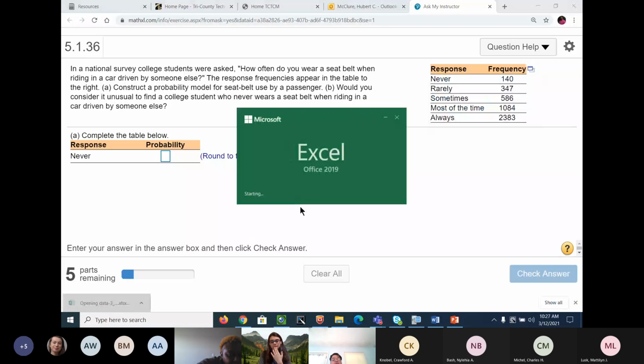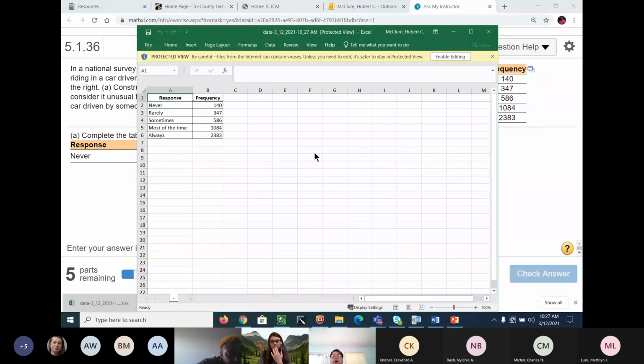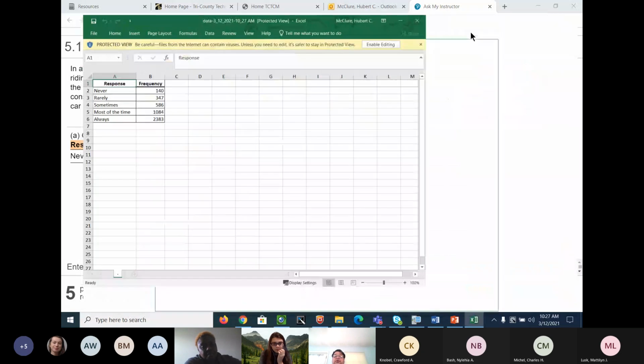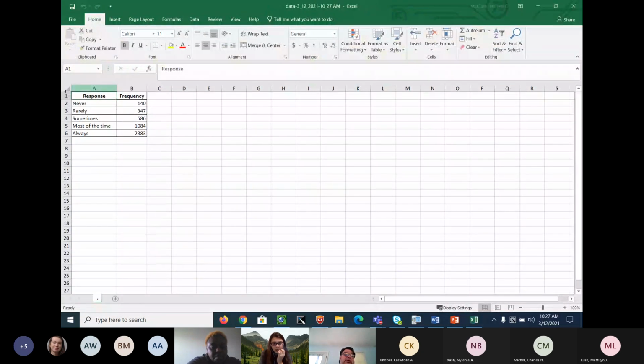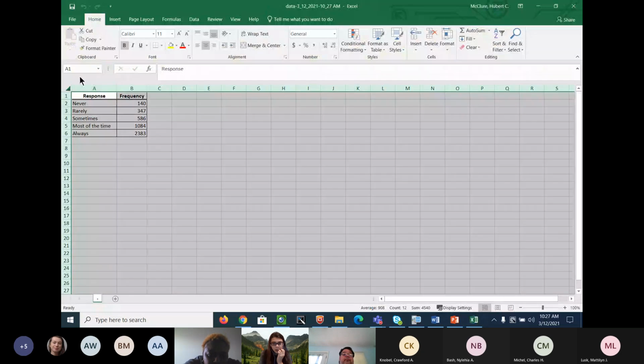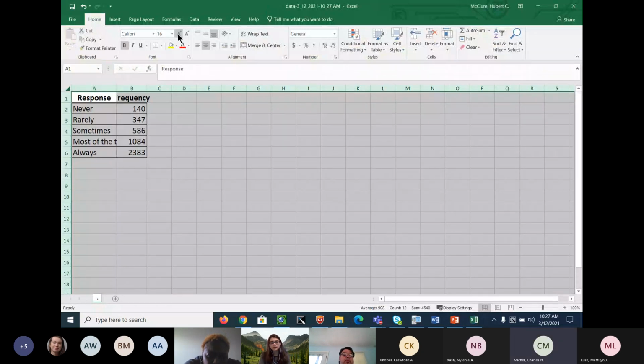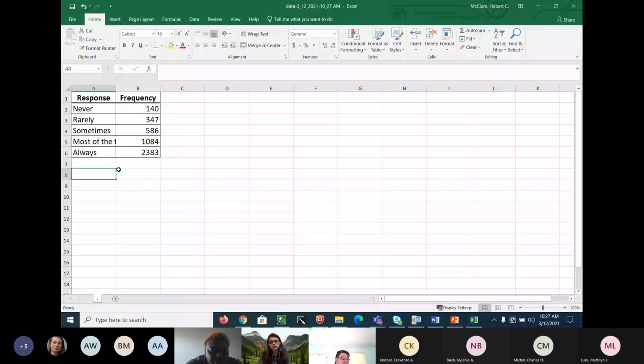I'm not using the spreadsheet because you have to. You do it in your calculator. First of all, what do you always find first with probability? Your denominator. And how do you find your denominator? By adding them all up. Find N. So N is equal to the sum of all those.